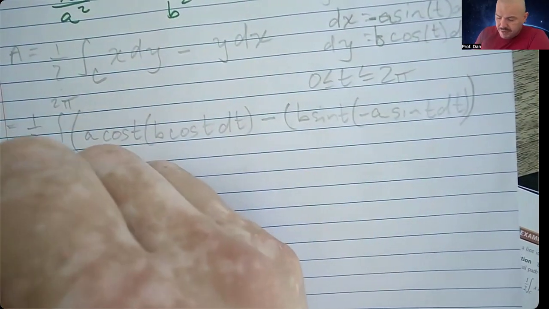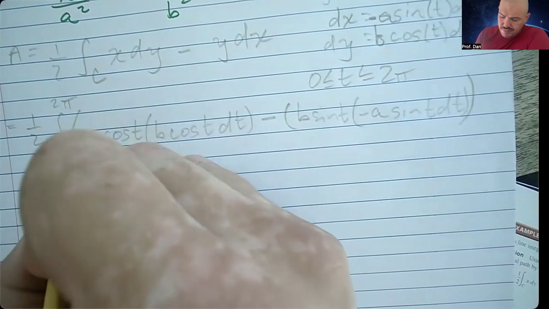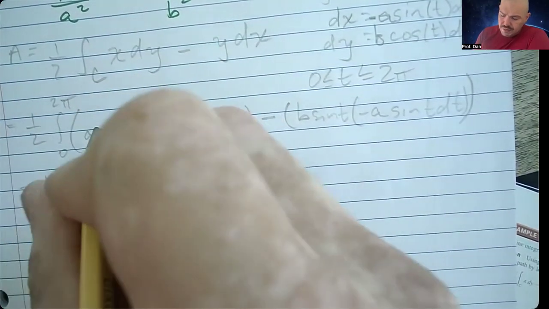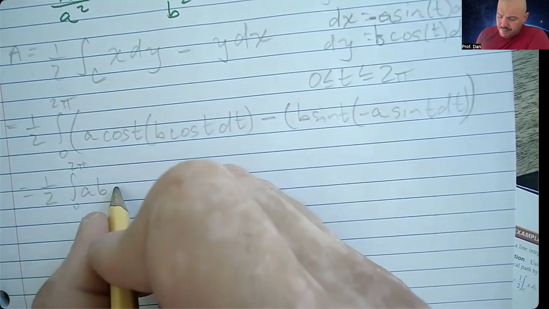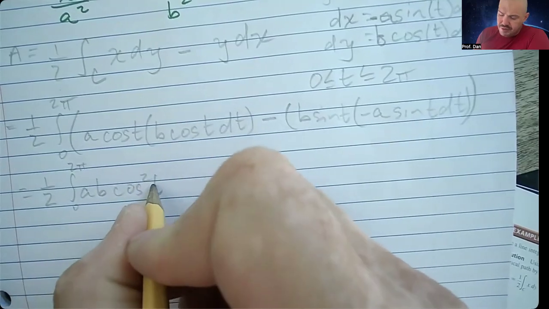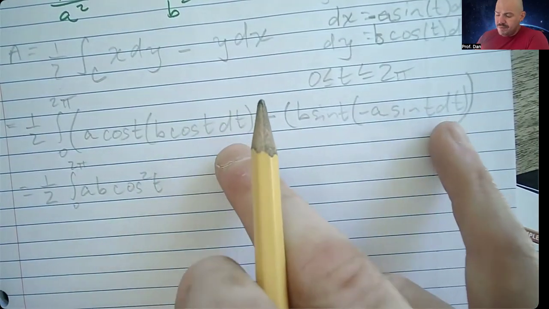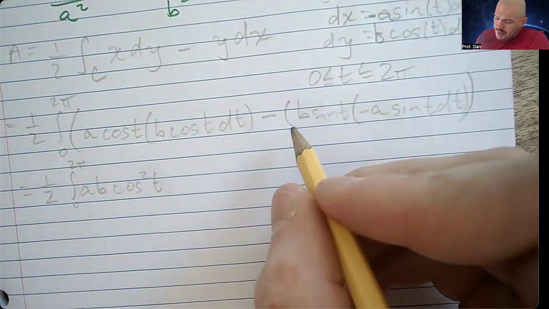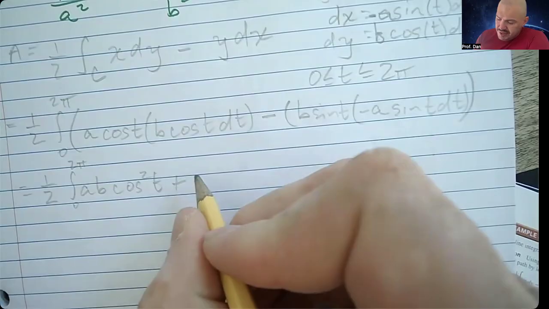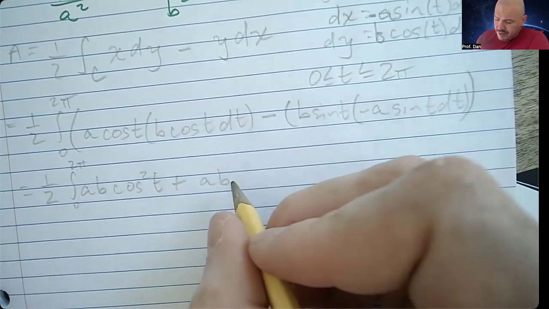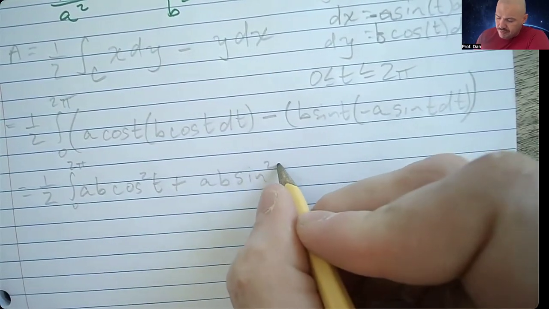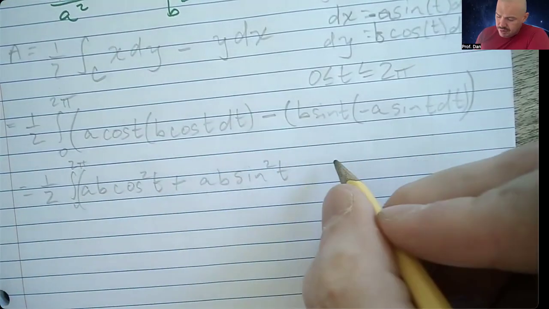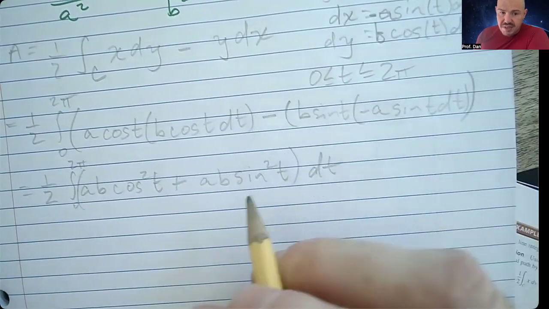So if I multiply everything out, I get ab cosine squared t. The dt's I'm going to factor out and put at the end here. Minus negative, so plus ab sine squared t. All of that with respect to t.